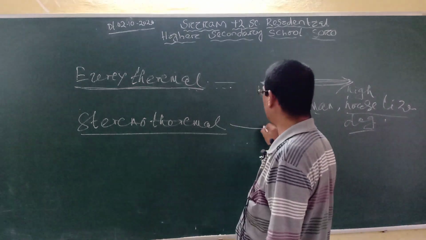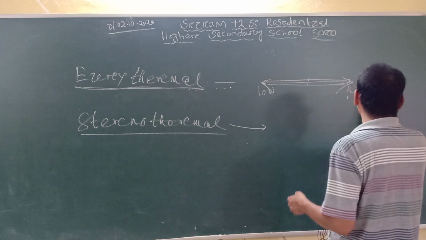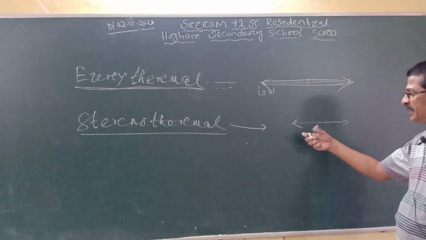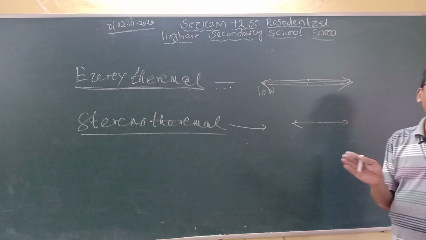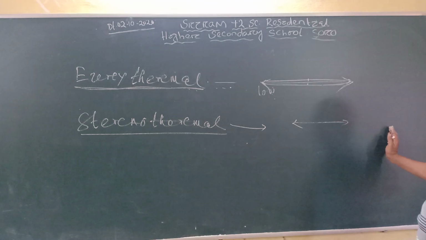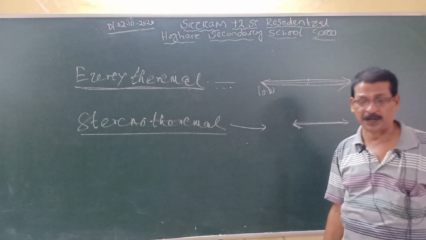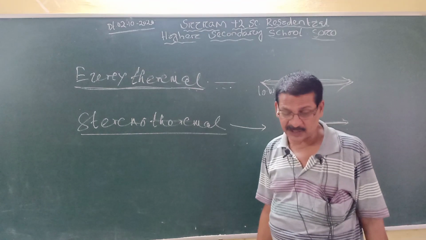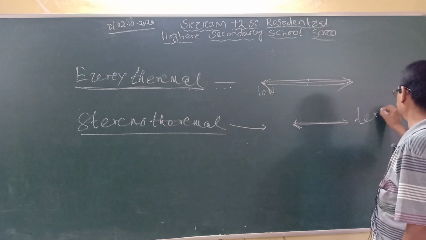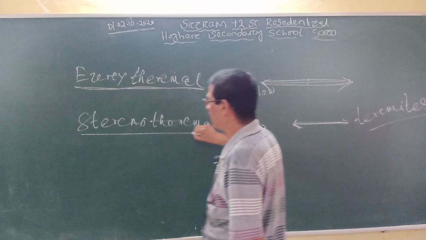Then sternothermal. Sternothermals are the animals who can tolerate a very narrow range of temperature variation. They can survive only within a small temperature range; if it is too low they cannot survive, and if it is too high they cannot survive. They can tolerate a very narrow range of temperature fluctuation. Examples are your fish and termites, called sternothermal animals.